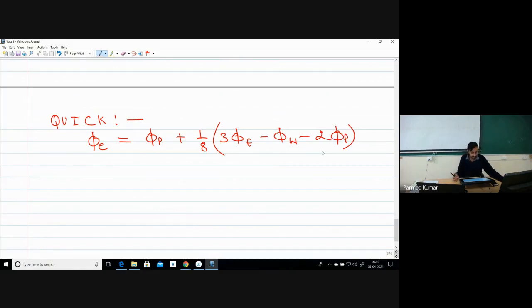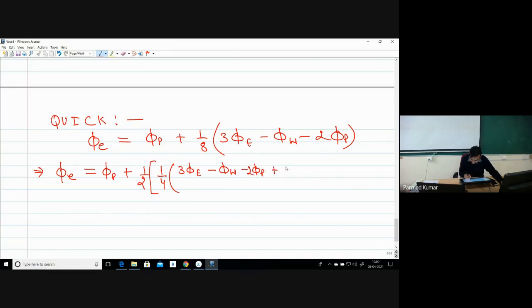Now once again, I have to make this expression equivalent to our generic expression, so I will do some algebraic manipulations. First let me write 1 by 2 over here. If I write 1 by 2, I will get inside 1 by 4 in the multiplication, and that will become 3 phi E minus phi W. Now I will add 1 phi P and subtract 1 phi P. This is one manipulation I have done.